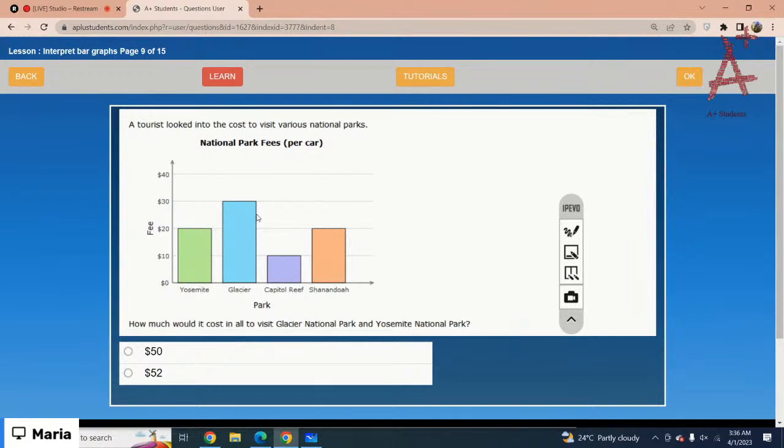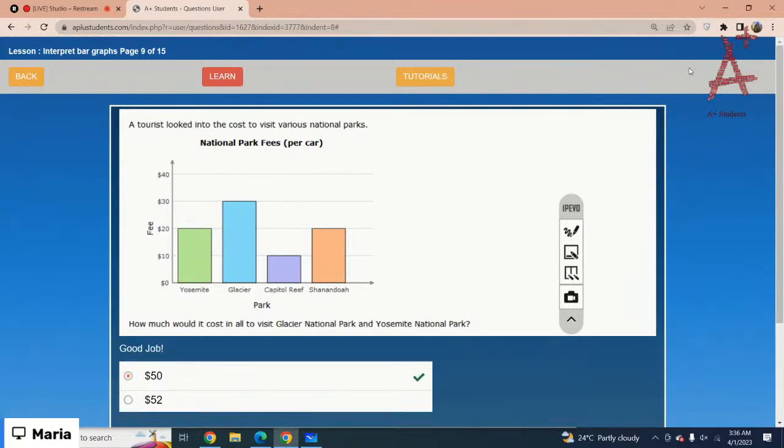Just add, 20 plus 30 is 50. So the correct option is 50. Got it?